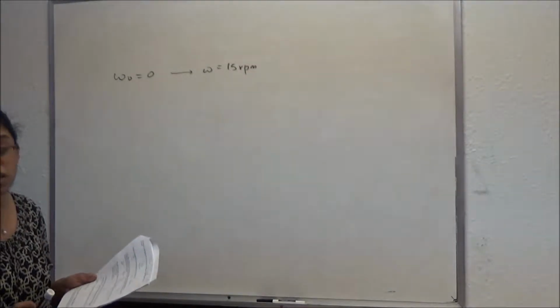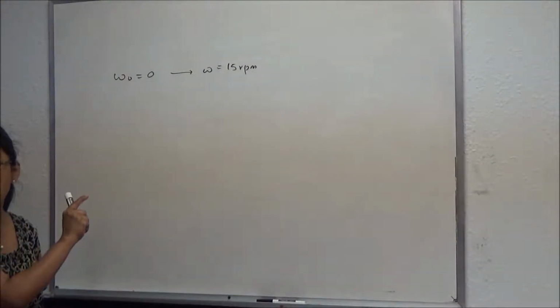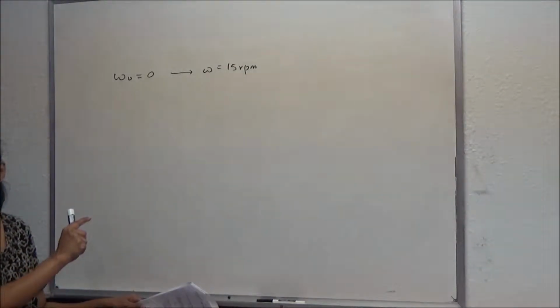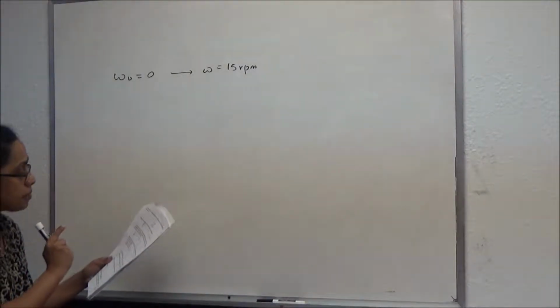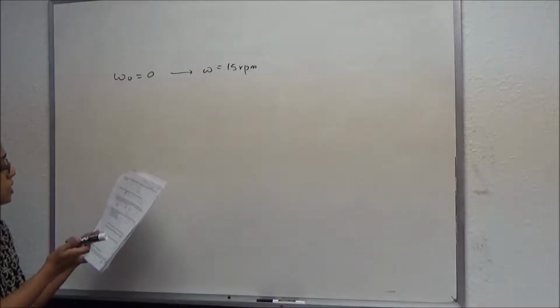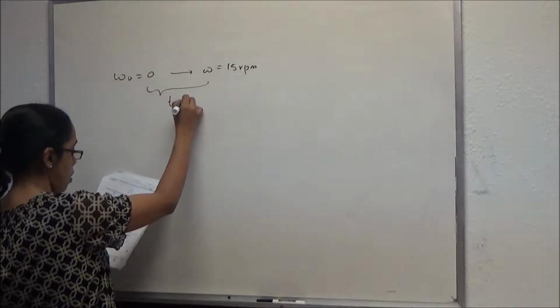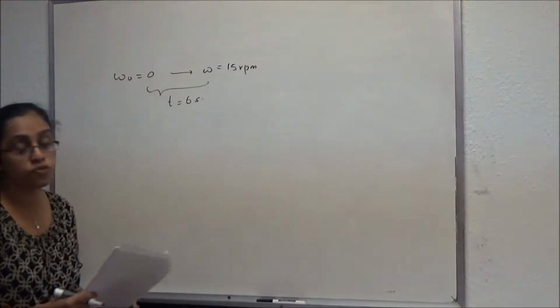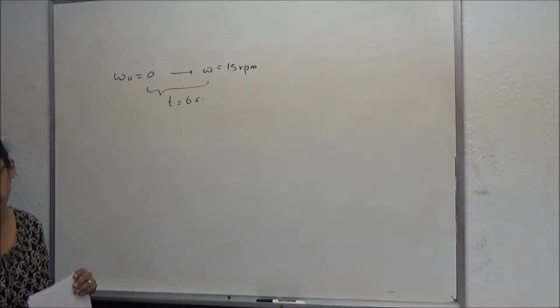Please make it a point that we need to convert the given value for omega into rad per second. Keeping that in mind, let's move further. It says that this is happening within a time period of 6 seconds. Find the angular acceleration of the unicycle wheel.